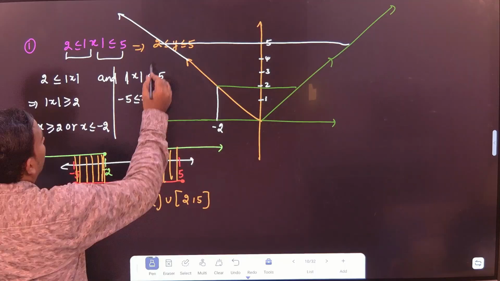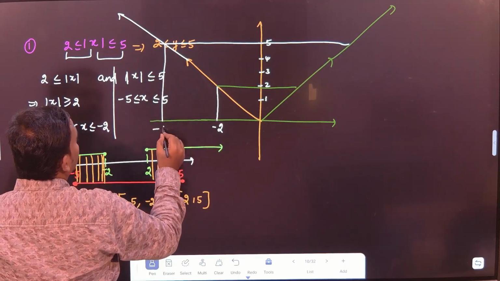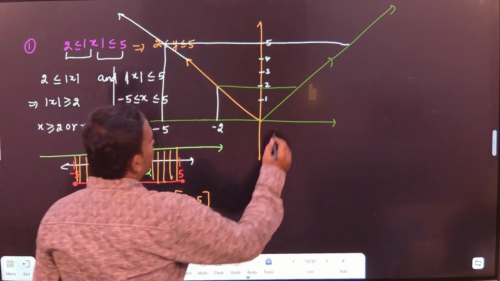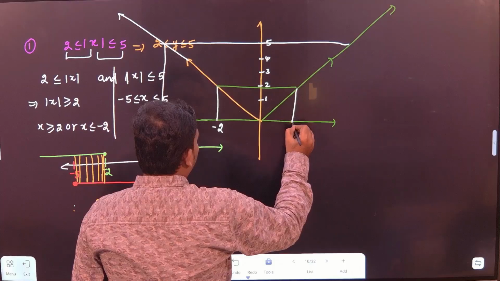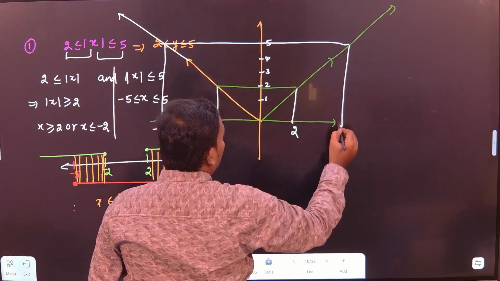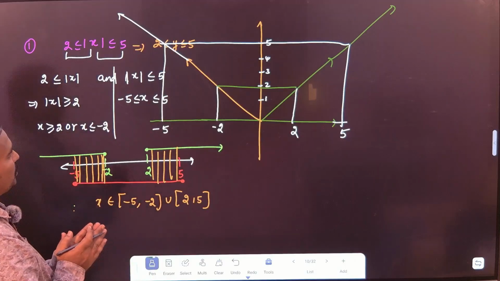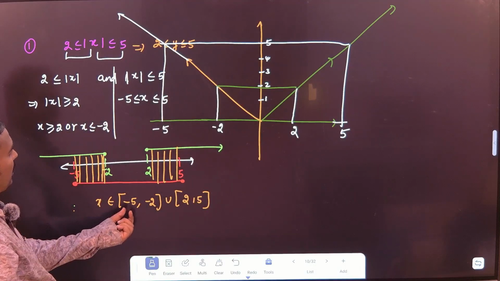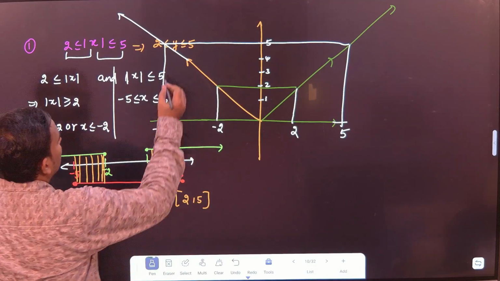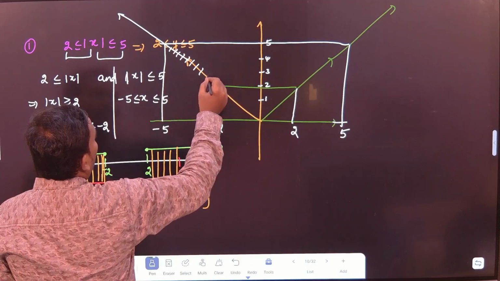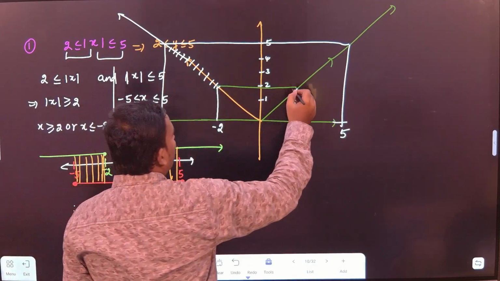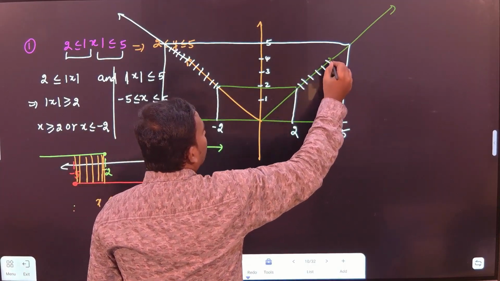So this will be minus 5, and this is plus 2. This will be plus 5, right? So we need the solution set minus 5 to minus 2, that means this region. Understand? And 2 to 5. This is your graph.